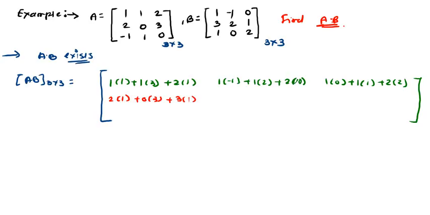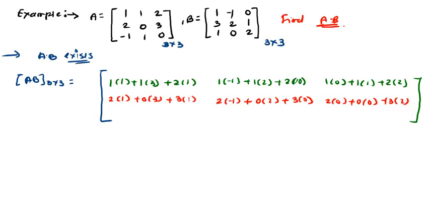Now again second row, second column: 2 into minus 1, plus 0 into 2, plus 3 into 0. Then second row and third column: 2 into 0 plus 0 into 0 plus 3 into 2.